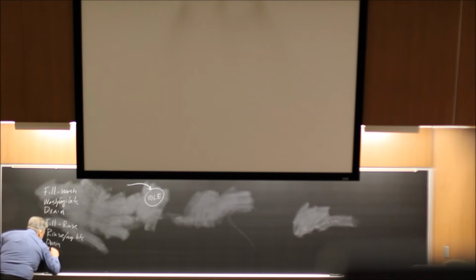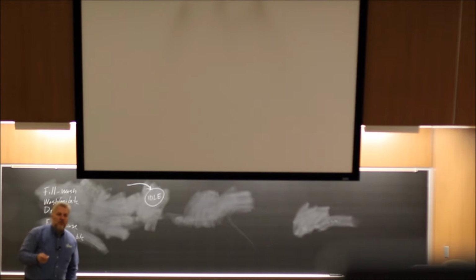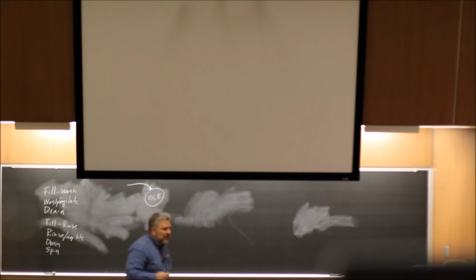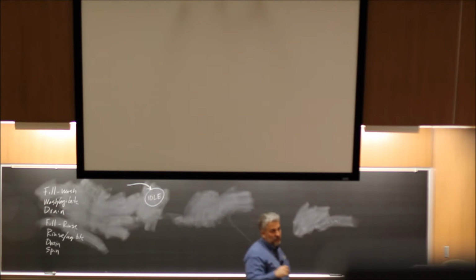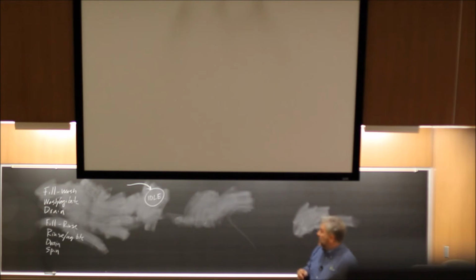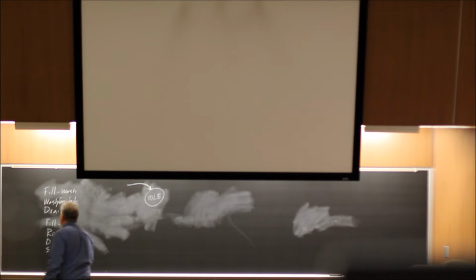Spin. The assumption is as it spins, it's also going to drain, all right? We'll make it simple. Some washing machines have two rinse cycles, some two wash cycles, but we'll make this such that at a later time we could worry about that, okay? Now let's think about this. So these are our functions, right?